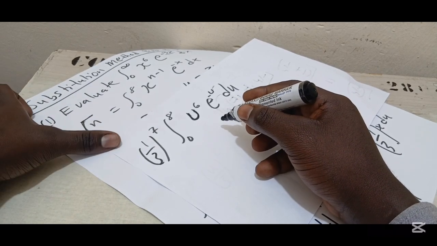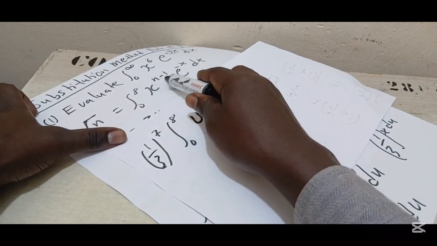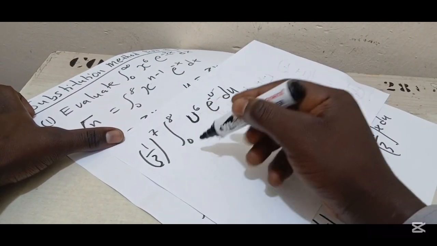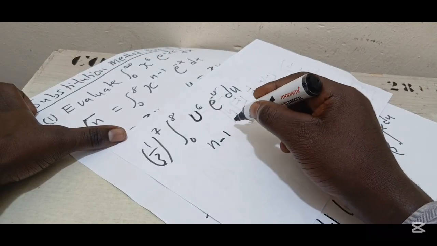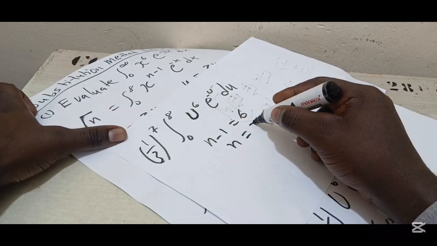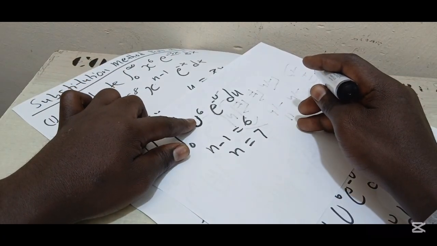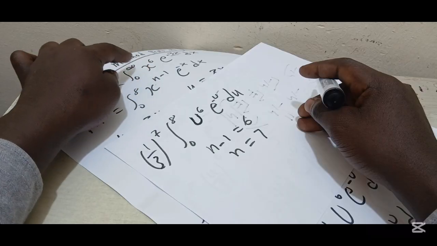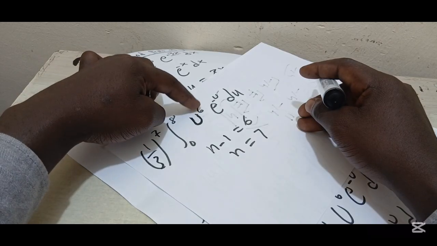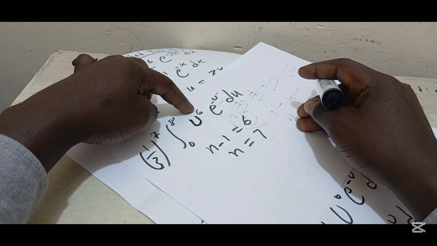The only way we can get the value for n is to equate these powers. So we have n minus 1 equal 6. So n equal 7. It means our n here was 7, and it was reduced by 1, remaining 6.